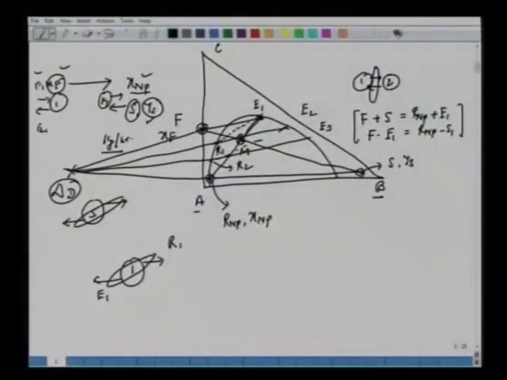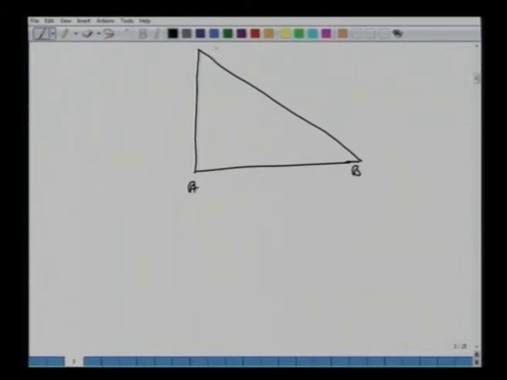Let's fix F. We know R and P, which are given to us, and the quality of the solvent is fixed, given as S. We connect F and S, the overall material balance, to begin with. We know this M, we connect this to get E1 here. We extend F and E1, and we extend F and R and P and S.